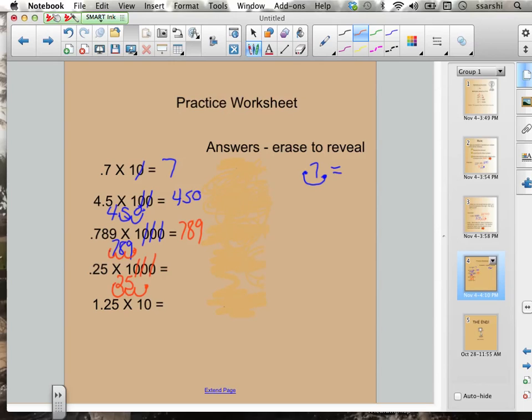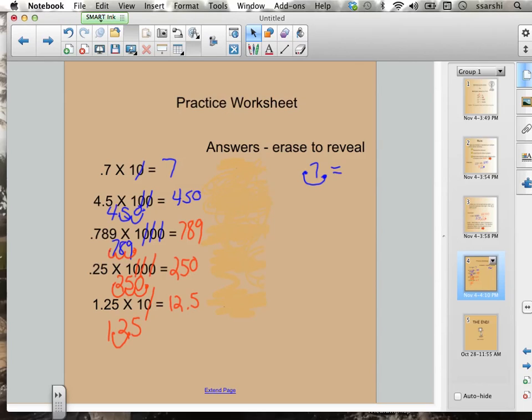In this case, I fill in with a 0, so my answer is 250. In this case, I have 1 zero, so I move it 1 place, and my answer would be 12.5.